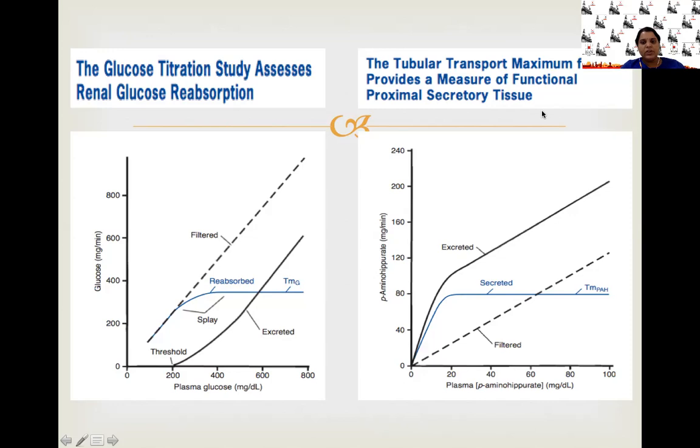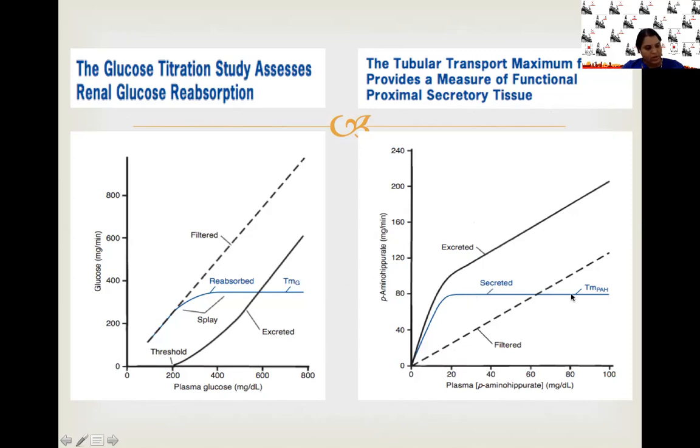Now you can look at the tubular transport maximum for PAH, and you can assess the proximal secretory function. At low plasma PAH levels, secretion increases, and at high PAH levels, secretion almost stabilizes.